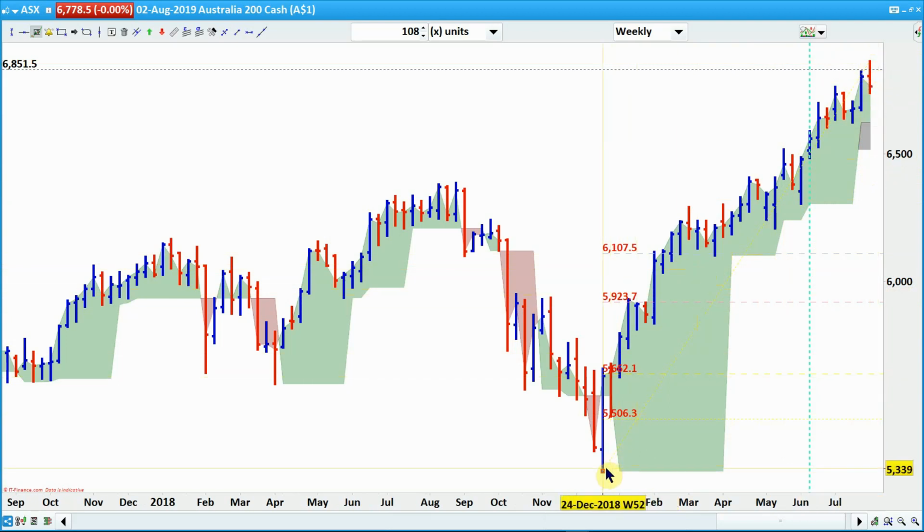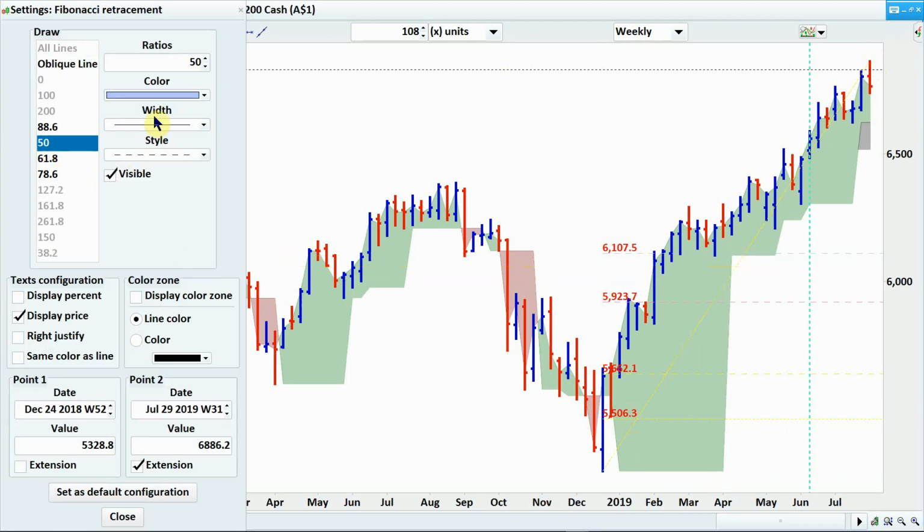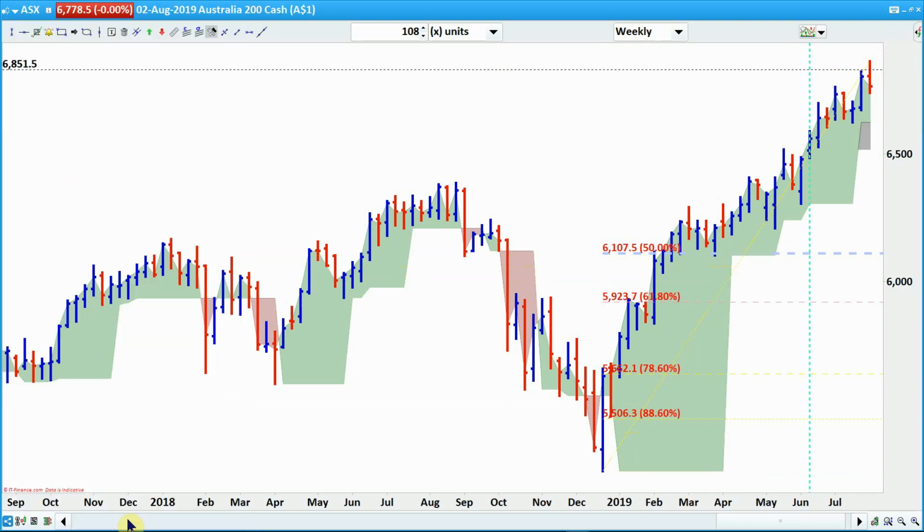In the last 7 months, the price of the index has gone up from January 2019, and till date this went up 30%. So a correction of 50% is not bad. If we do this 50% correction, which is 6,107, and then if the sentiment is really bad, then possibly we can have a collapse to 6,000, then to 5,923, and so on and so forth.